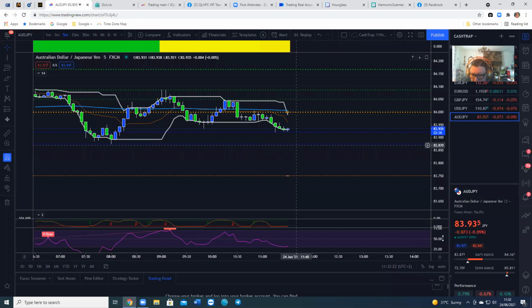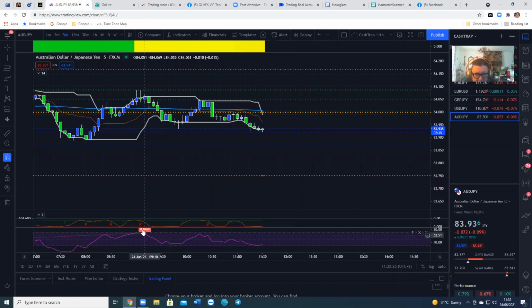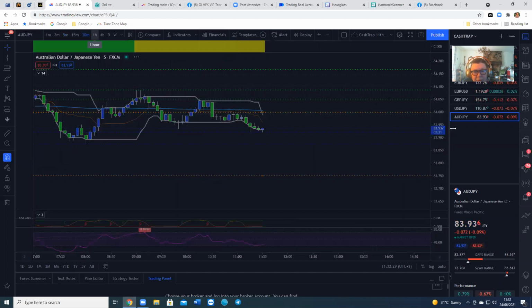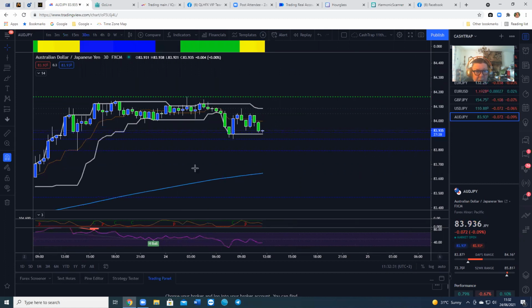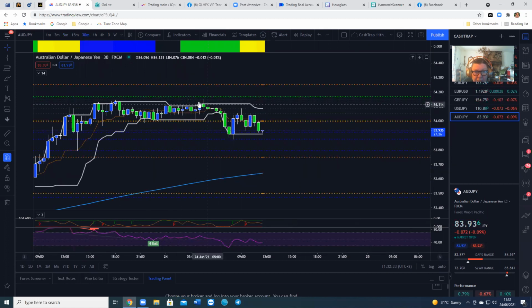So you see down here, you've got hidden bear, meaning your overall directional trend is down. If I put it on the 30-minute, you can see the 30-minute candles down, breaking and retesting above the quarter point, and then it doesn't like that level. You see here it was used as resistance, then support.